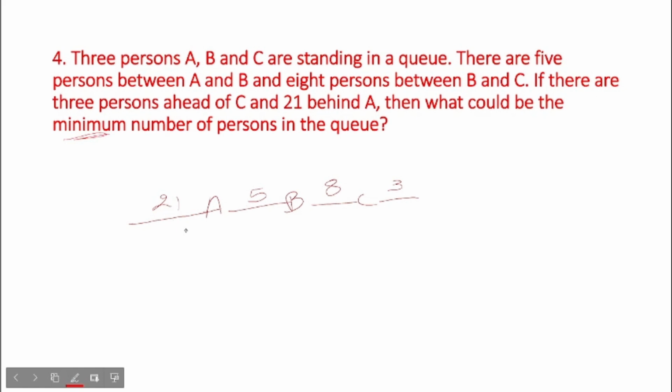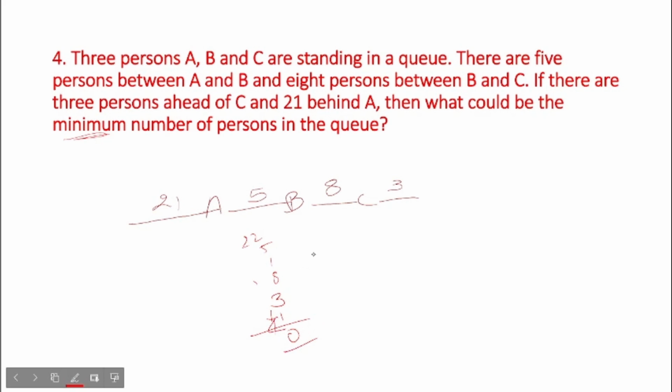We can count the total number here like 21 plus A, 22 plus 5 plus B plus 8 plus 3. We forgot C, right? 27, 28, 36, 39, 40. 40 could be the answer if minimum number of persons is not given.